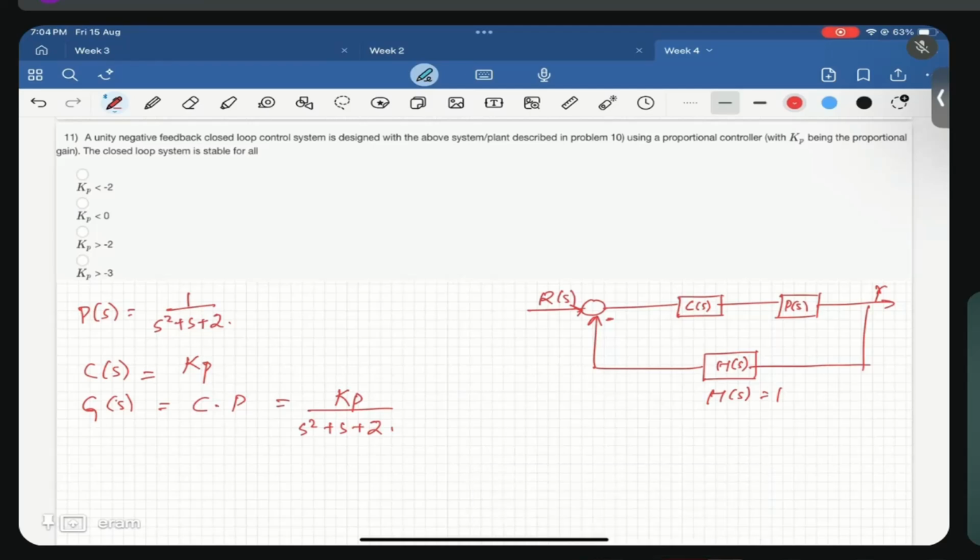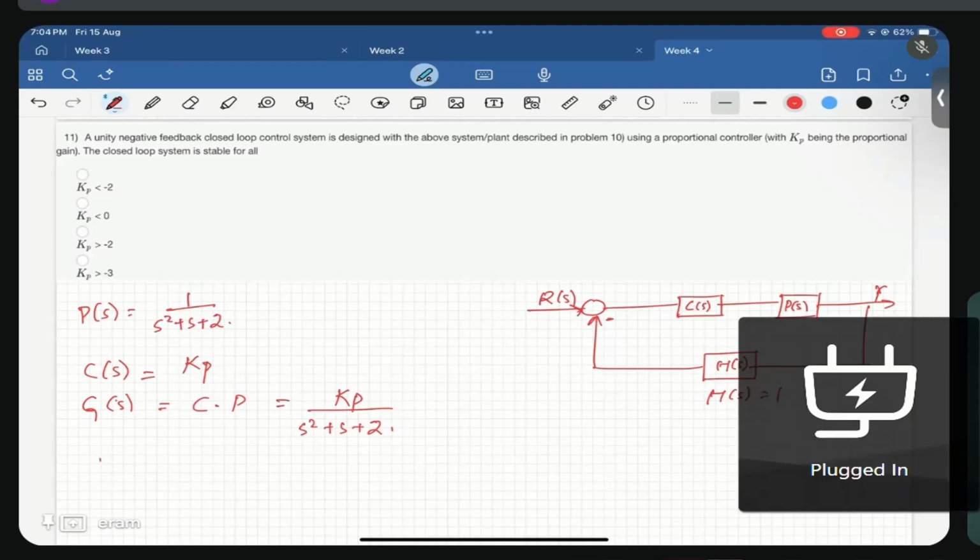Okay, sorry. So G is Kp by s square plus s plus 2. So what will be the closed loop transfer function?